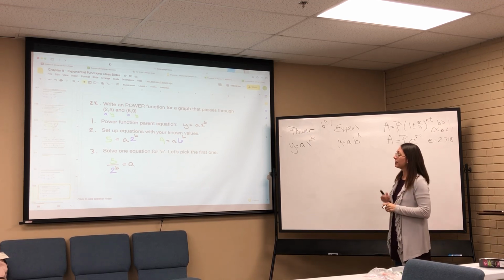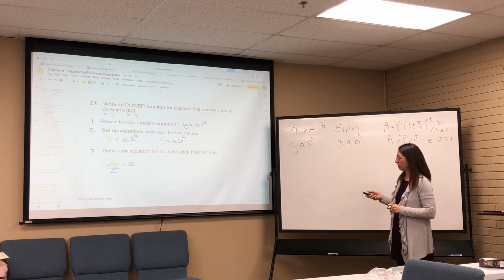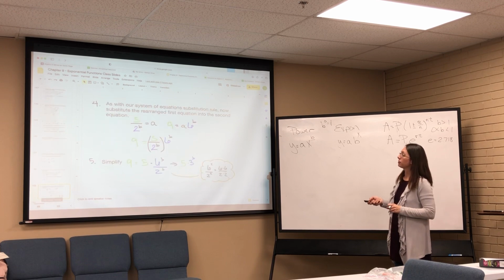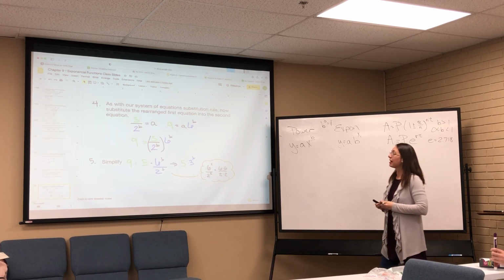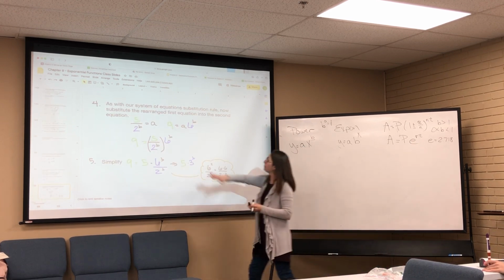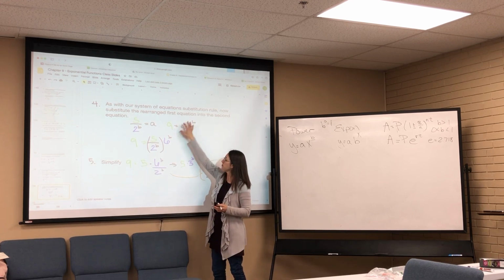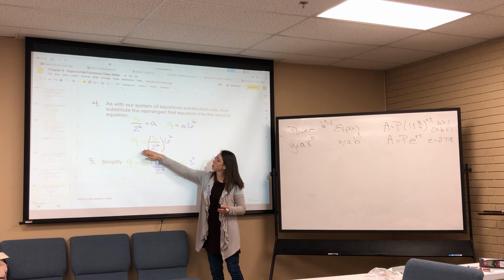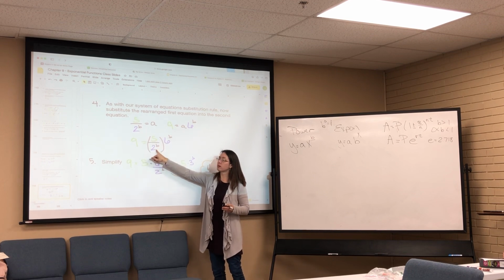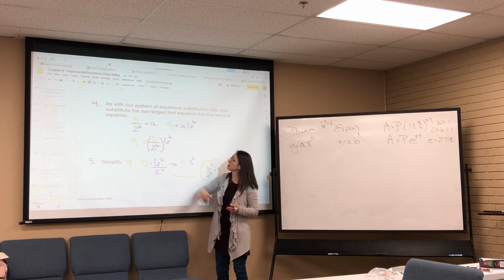But we've said A is equal to 5 over 2 to the b. So we're going to take that A value and plug it all the way into this second part. So I have 9 is equal to 5 over 2 to the b, because that was my A place, times 6 to the b.